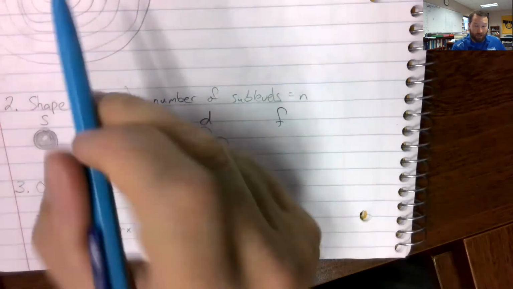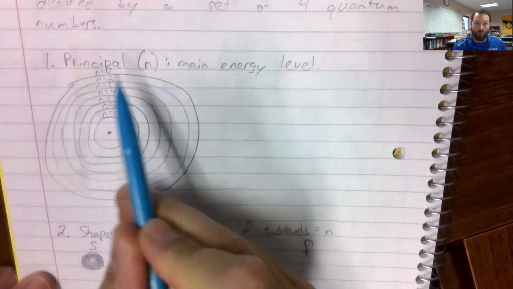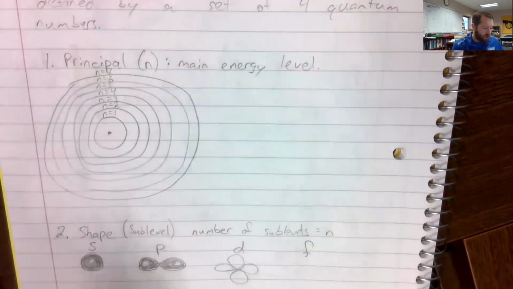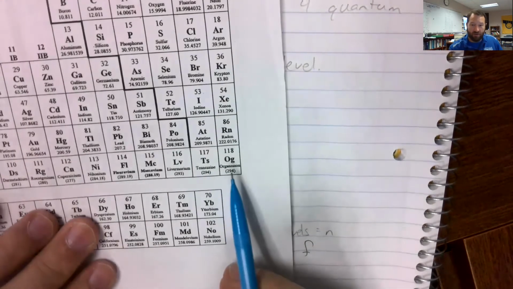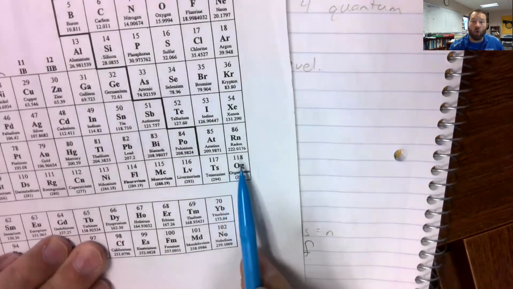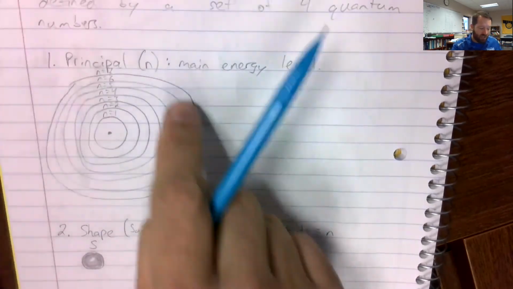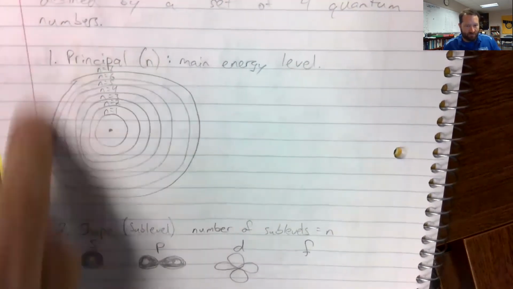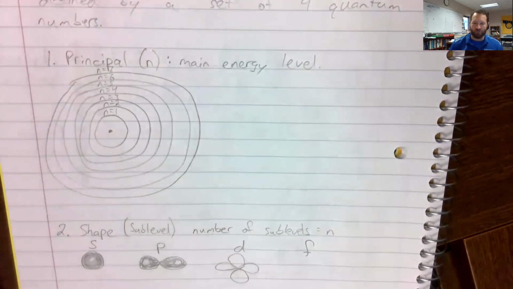And that's why, at least as for right now, we've only got 7 energy levels, 7 rings around the nucleus. All of our atoms, all the electrons we have for those atoms, all 118 electrons, can fit onto these 7 rings, these 7 energy levels. So that's why we only go up to 7.